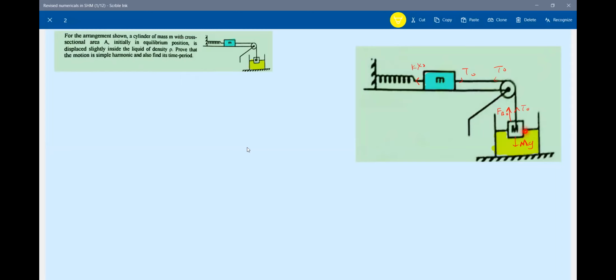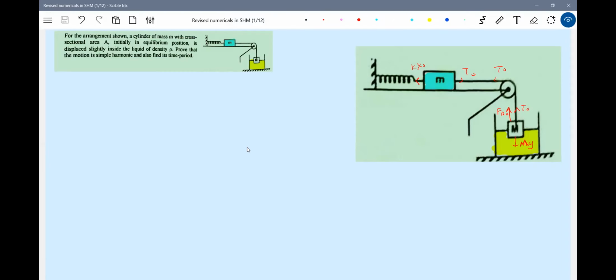Initially, some h naught length was immersed here. If you further press it by plus x, the length of the block inside the liquid will increase, so the buoyant force will increase proportionally and the tension will change. The spring will also get elongated, so k into x naught plus x.